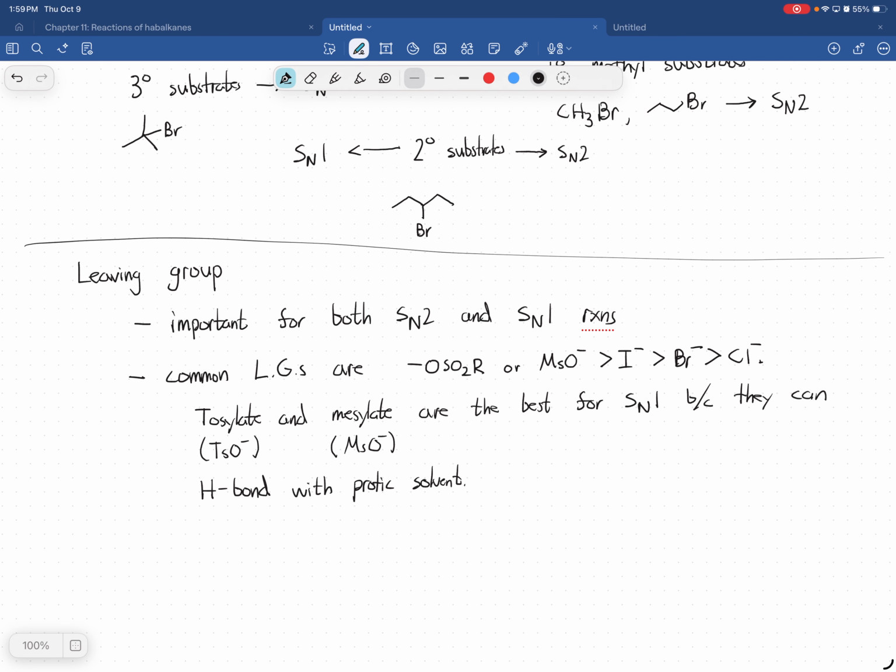So you lower the transition state, you stabilize it, and the reaction goes faster. That's why this one prefers protic solvents. So let's take a 10-minute break, and then we'll come back and talk about the nucleophile's role in SN1.